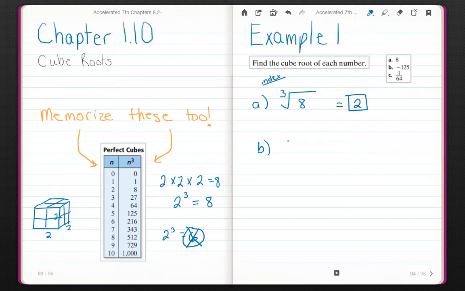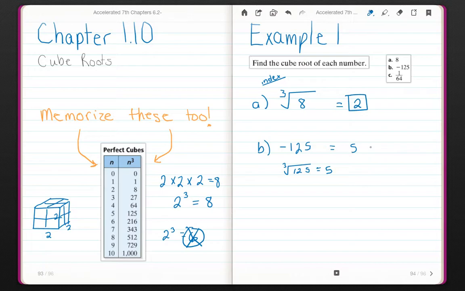So B, I want the cube root of negative 125. Well, since I know that a cube is multiplying 3 things together, the cube root of 125 happens to be 5. But I want to get a negative 125. So the same number needs to be multiplied 3 times.